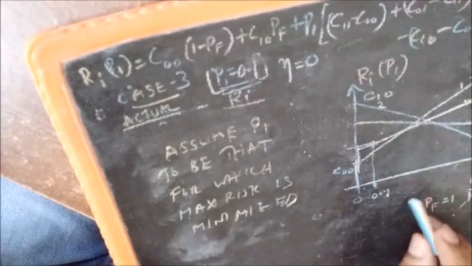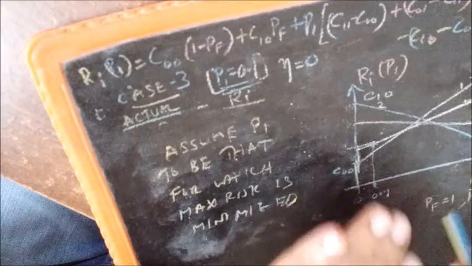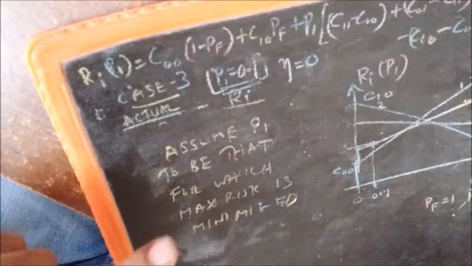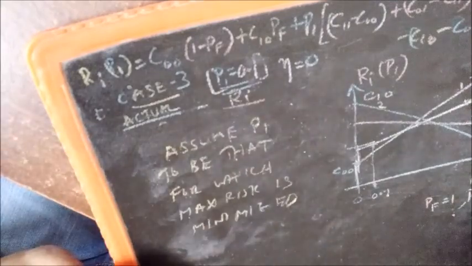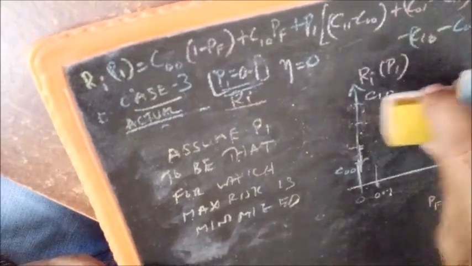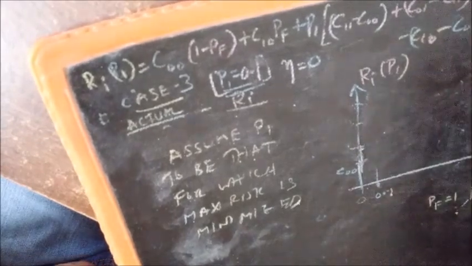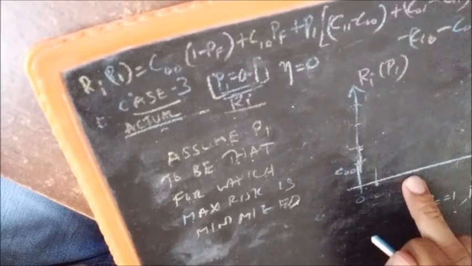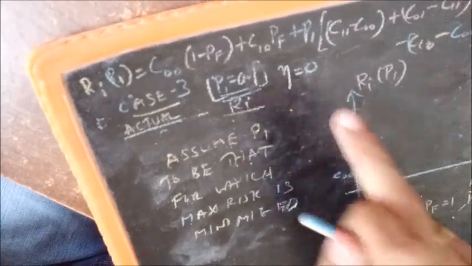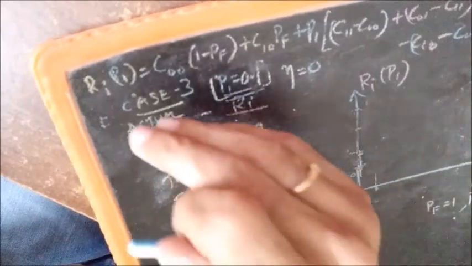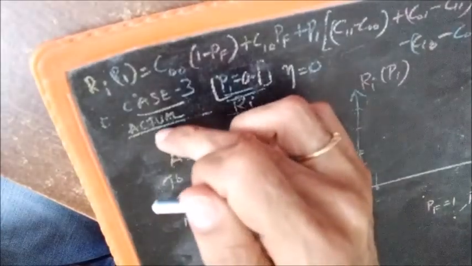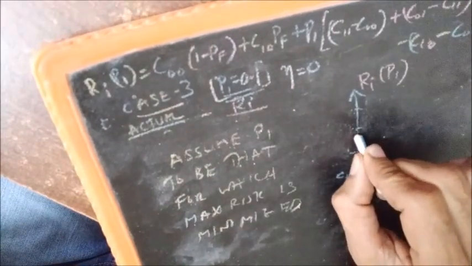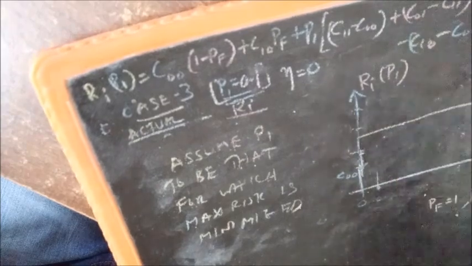So we have to assume P1 and set a threshold eta such that the maximum risk is minimized. That is possible when we choose a P1 such that, if we go through the risk for the range of actual P1s, we end up getting a variation which is a straight line with slope 0.